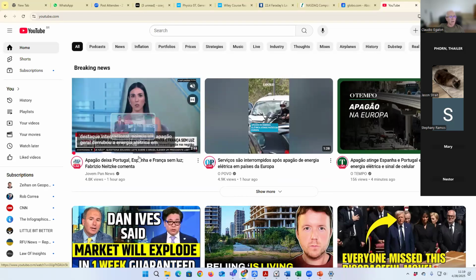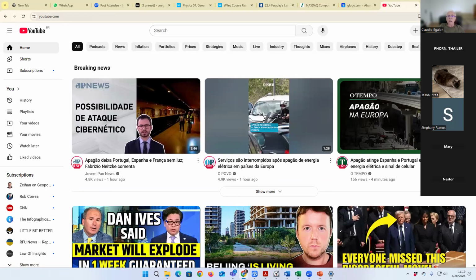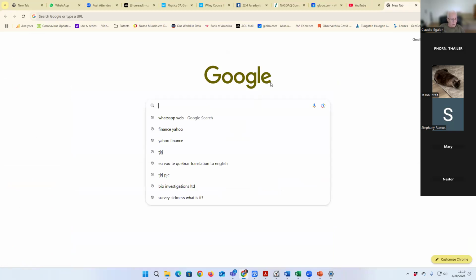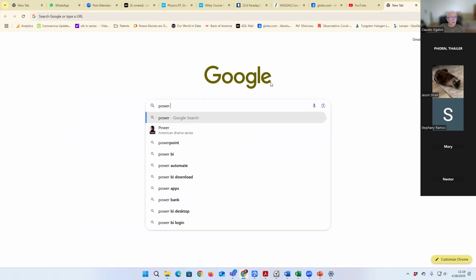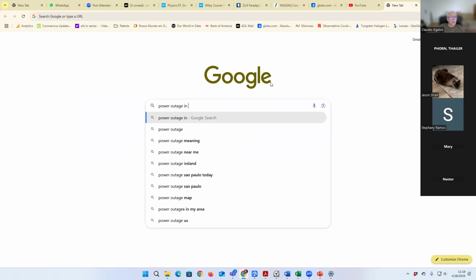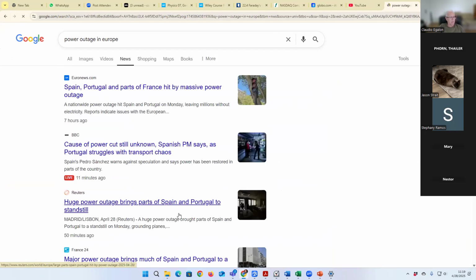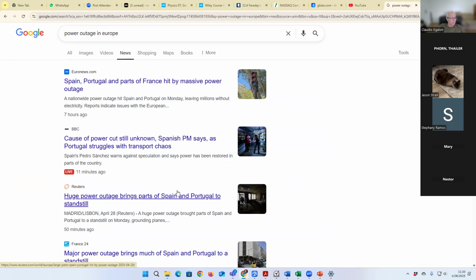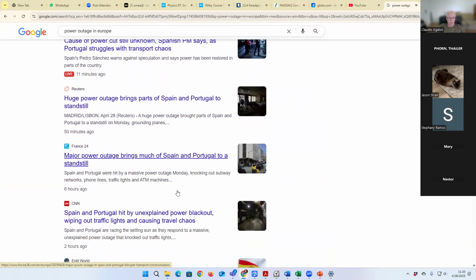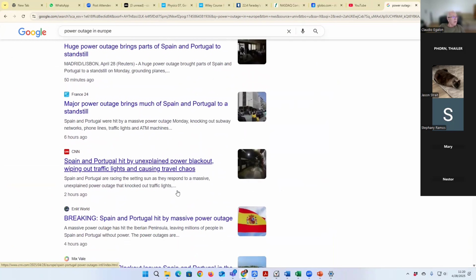This is in Portuguese, right? I just found out about that. A huge power outage brought parts of Spain and Portugal to a standstill, even France. Hopefully it's not a cybernetic attack. Maybe it's just causing transport chaos, especially with this thing going on there in Europe with Ukraine, right?